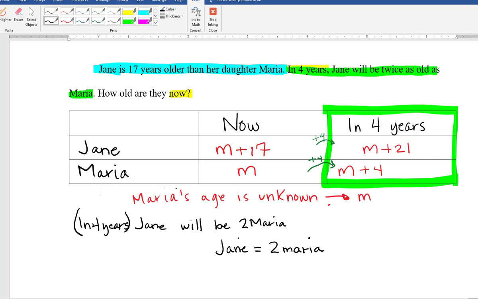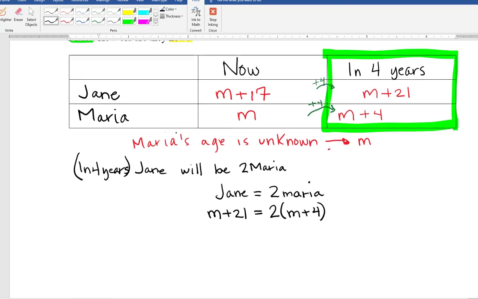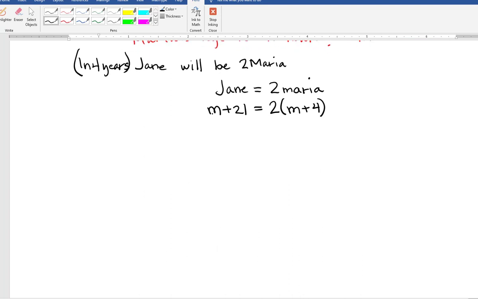So what was Jane's age? m plus 21. So I'm going to replace Jane's age with m plus 21. I'm going to replace 2 times Maria's age, m plus 4. Now we've got enough information to solve this puzzle right here. That was a horrible looking star, wasn't it? There, that's a better star.